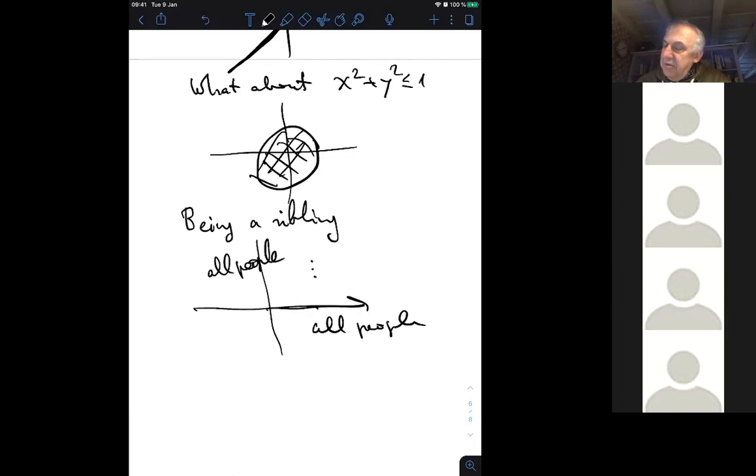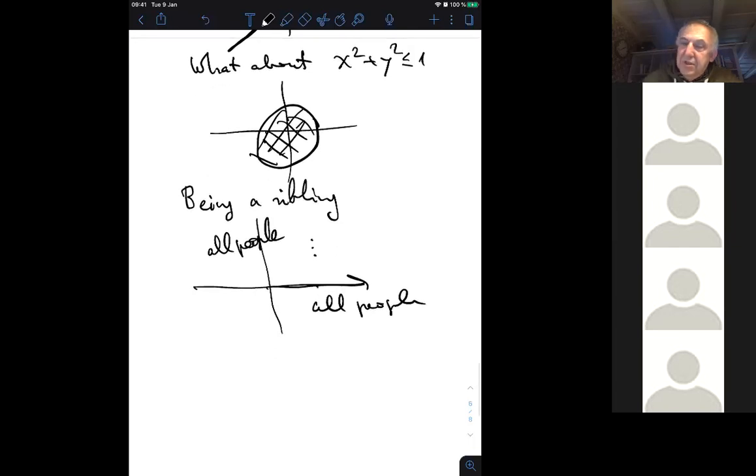So really being a general relation is a quite general notion. And it can always be expressed as some subset of the product.